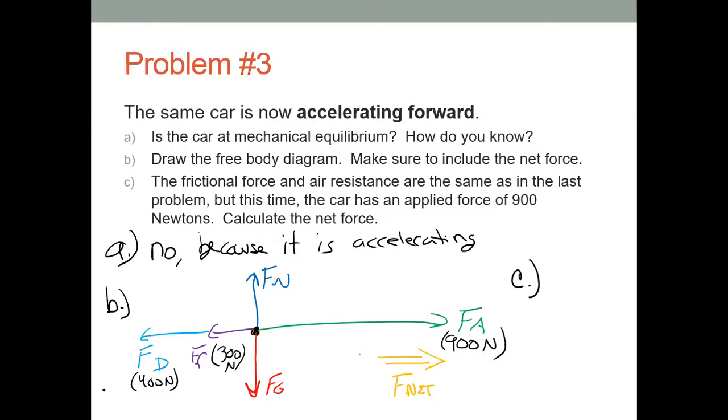Which direction is winning? Forward is winning by how much? Yeah, 200 newtons, right? I should have 900 minus 300 minus 400. So the net force should be 200 newtons forward.